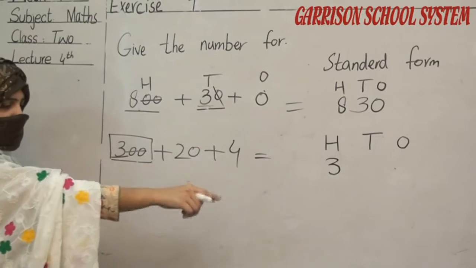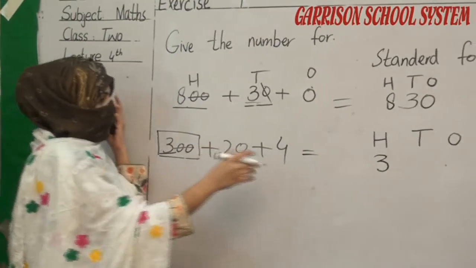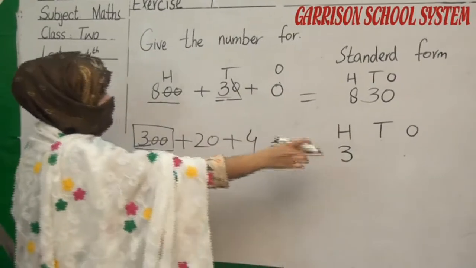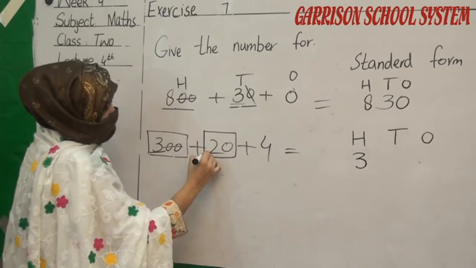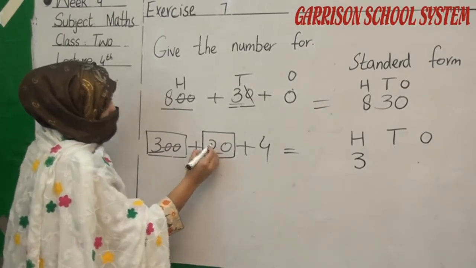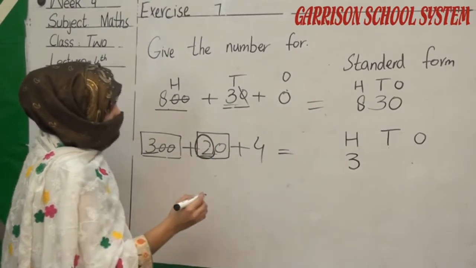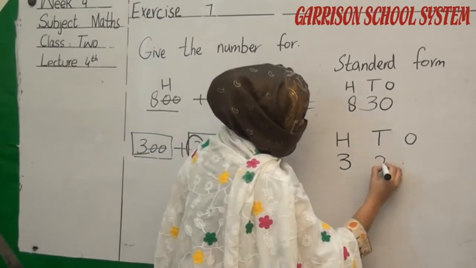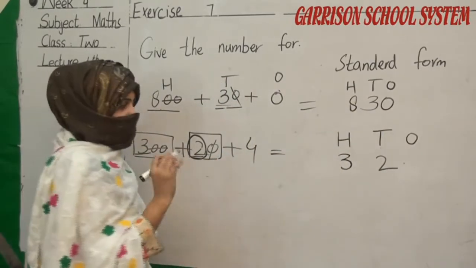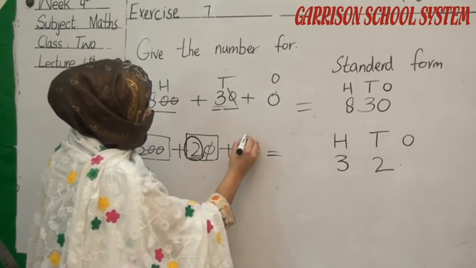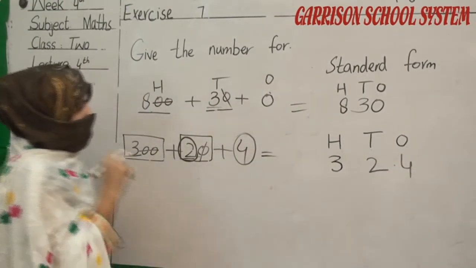And skip the 0. We don't write 0 here. Here we are combining the numbers. We write the numbers together. Next, which number is in tens value here? 20 is in tens value, so the number 2 is in tens value. So we write here number 2 and don't write 0. The 0 is skipped. The next number is 4. We write 4 under the ones.